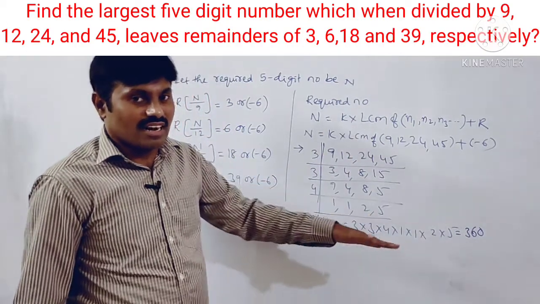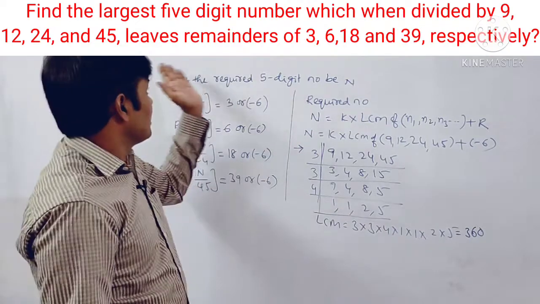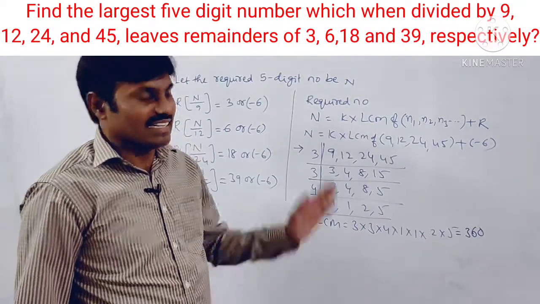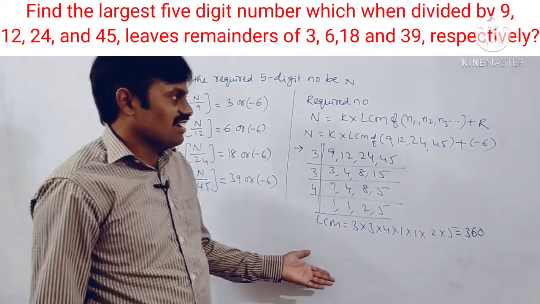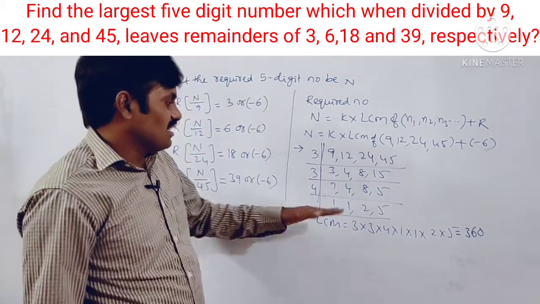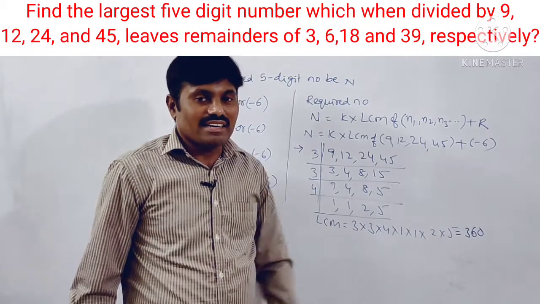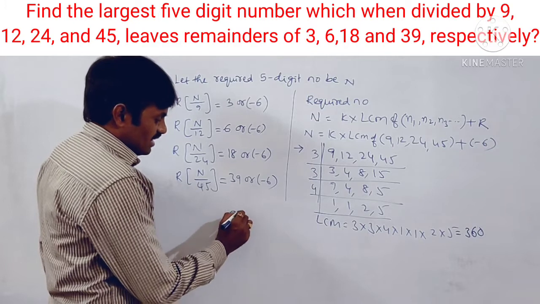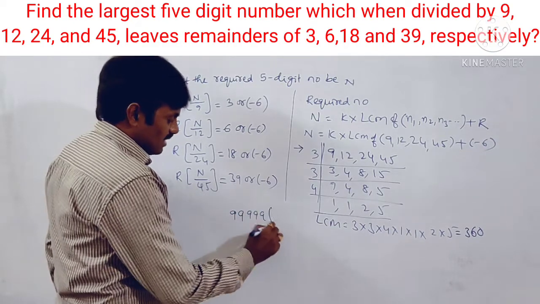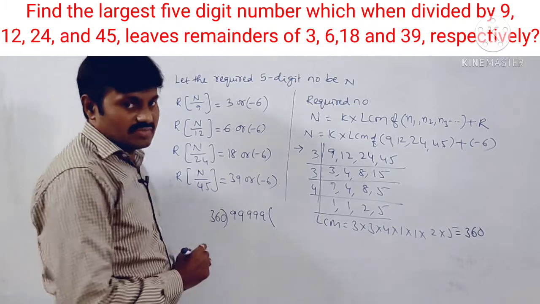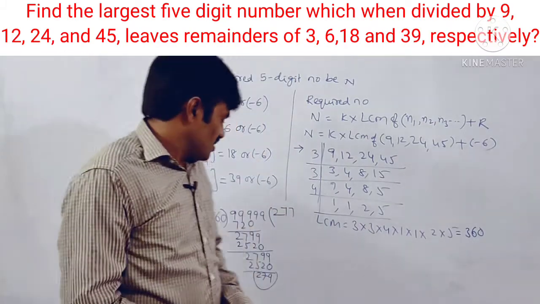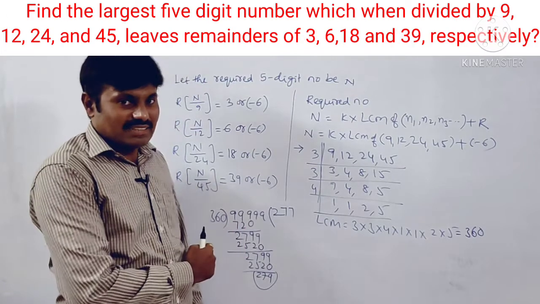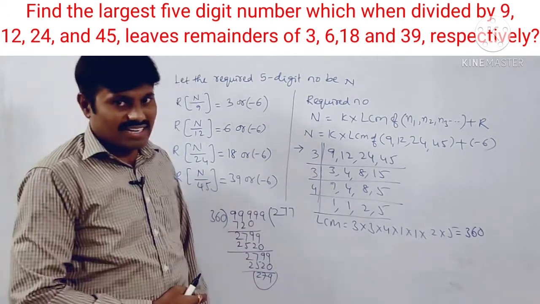Now according to our alternative method, if you divide these options by 360, you should get remainder minus 6. We can check whether we are getting the remainder minus 6 or not. Or else, the other method is to divide 99,999 by 360. If you divide 99,999 by 360, we get the remainder 279.